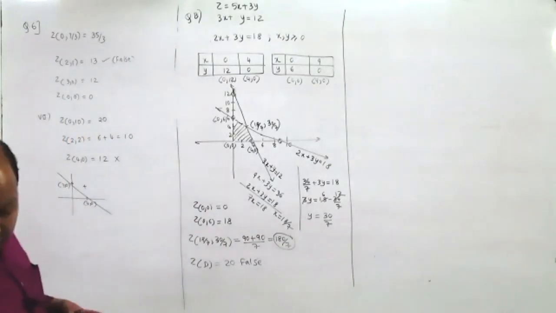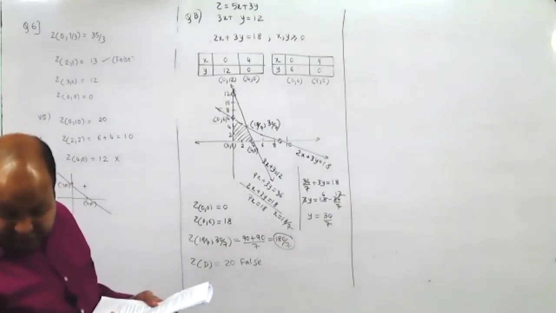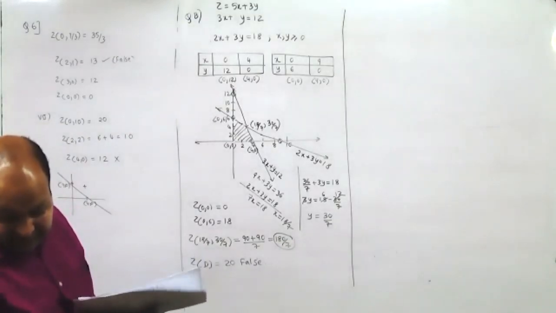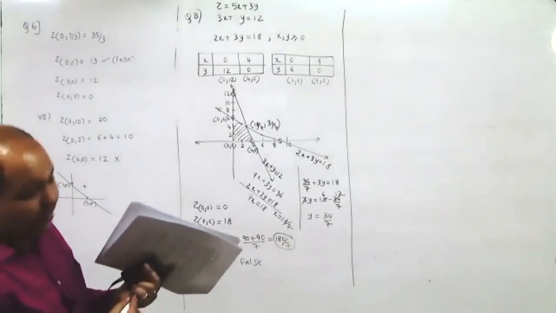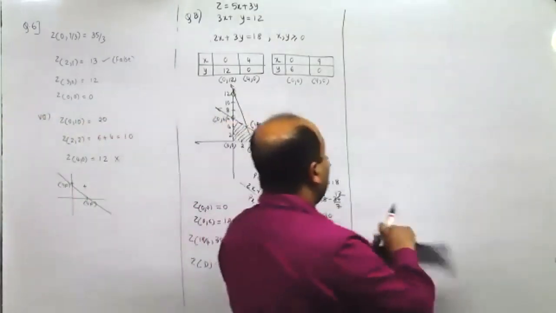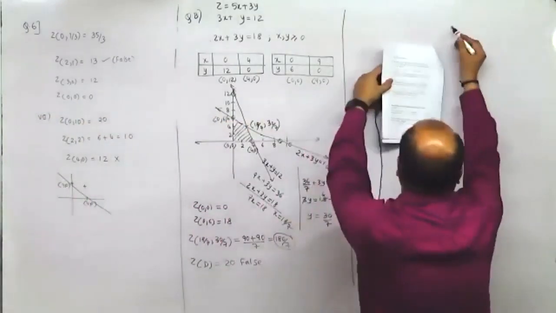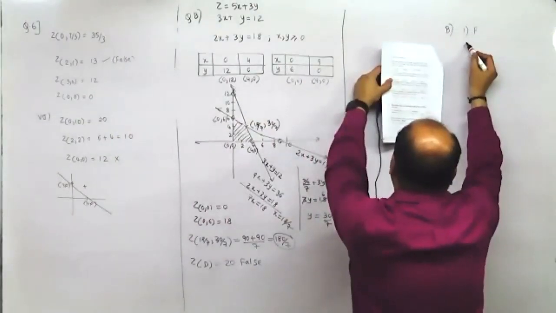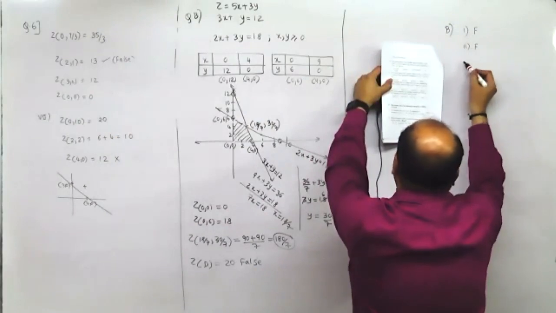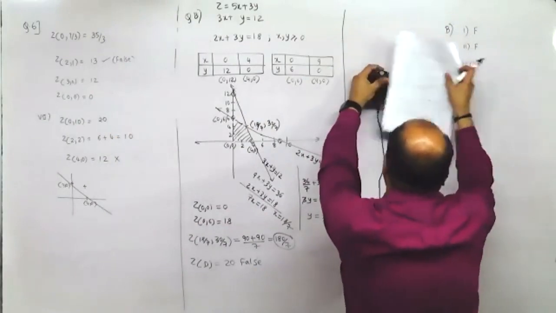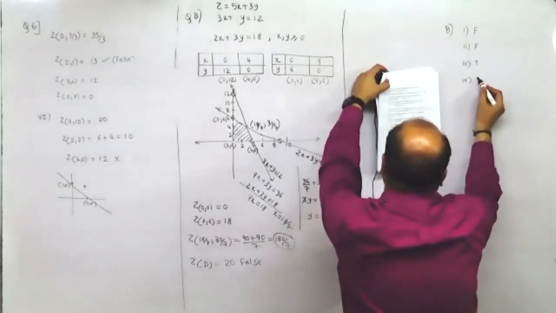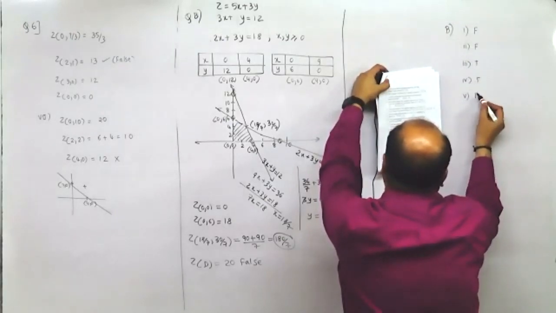Now, have you seen this same question somewhere in the objective part in the textbook? Anyway, I'll give you all the answers which we have figured out for B. First one should be false. Second one should be false. Third should be true. Fourth should be true. Fifth should be false.